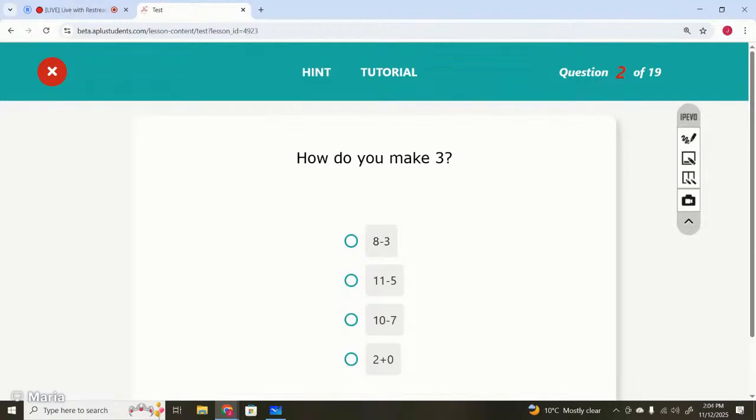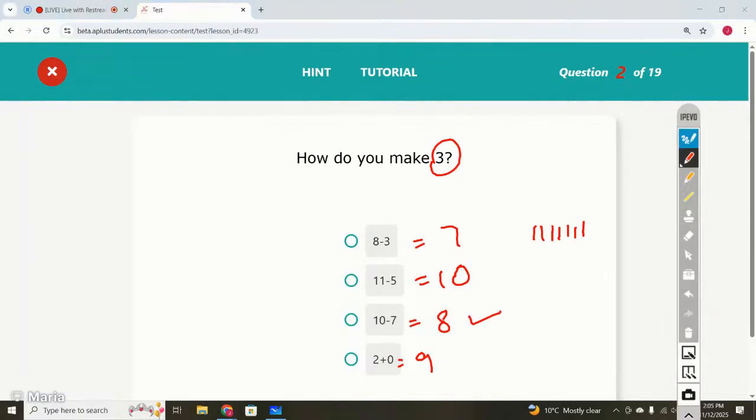How do you make 3? 8 minus 3 is 5. And 11 take away 5 is 6. 10 take away 7 is 3.